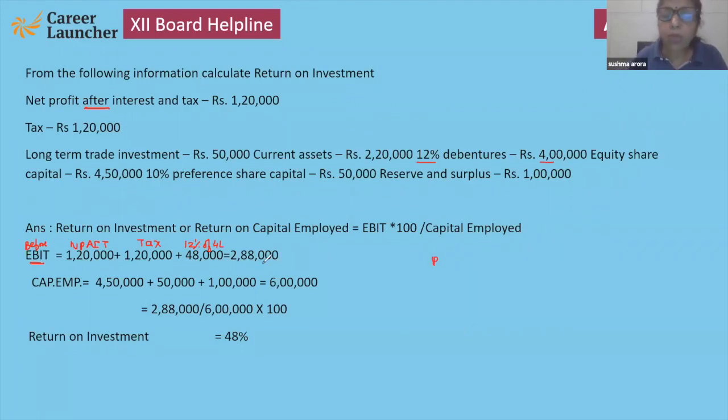Now capital employed. Just now I told you, capital employed means equity share capital plus preference share capital plus reserves and surplus. So your formula will be earning before interest and tax, or profit before interest and tax upon capital employed into 100.